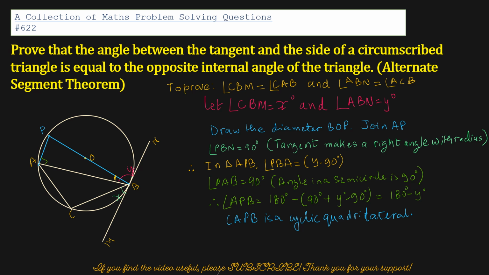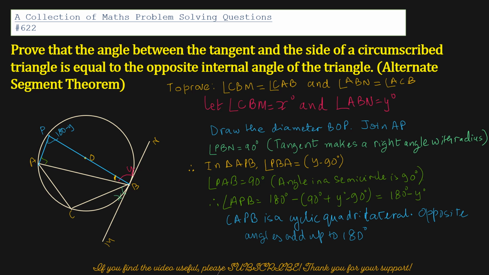Now you see CAPB is a cyclic quadrilateral. So CAPB is this one. I went the other way, I should have gone CAPB. But anyway, CAPB is a cyclic quadrilateral. And what happens, therefore, is the opposite angles add up to 180 degrees.